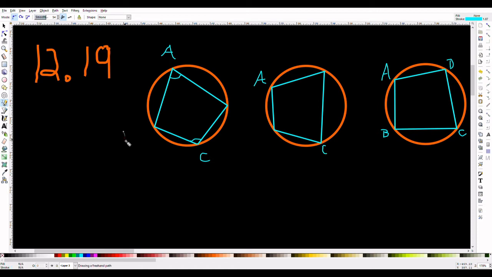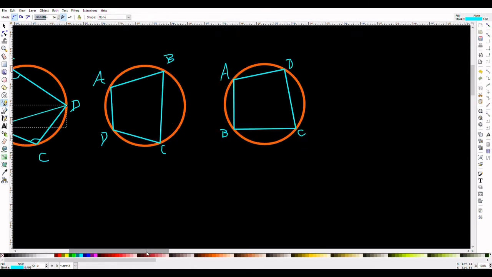The same would be true of angles B and D. Let's look at our last quadrilateral here inside of this circle. And then let's talk about the arcs. So our claim is that angle A plus angle C equals 180 degrees. So you should all write that out in your notebook.